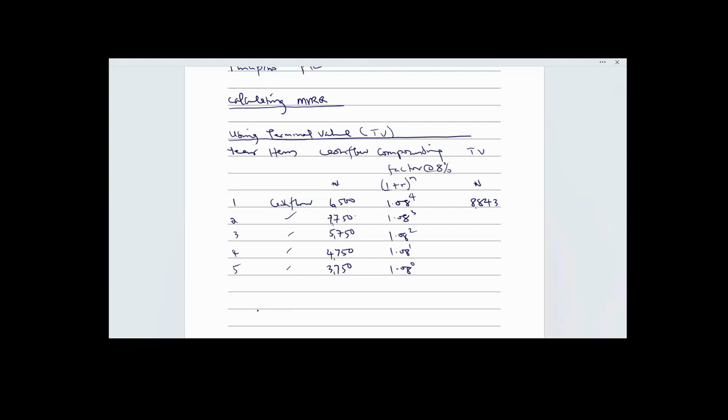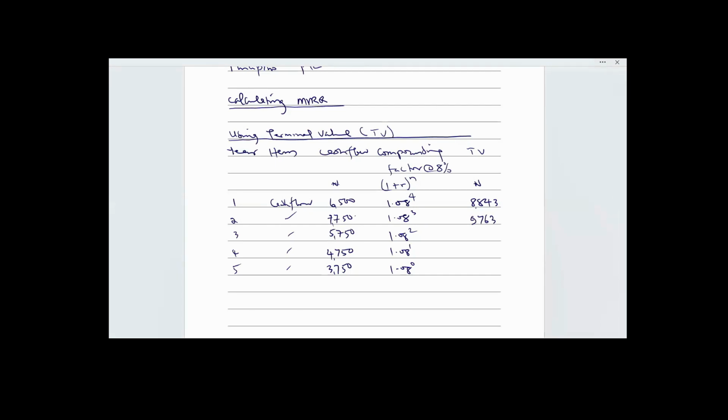When I invest that 6,500 for the next 5 years, I'm going to get 8,843. Then again, for year two, compounding factor 1.08 raised to power 3, equal, then multiply by 7750, equal 9763. Here is 9763.